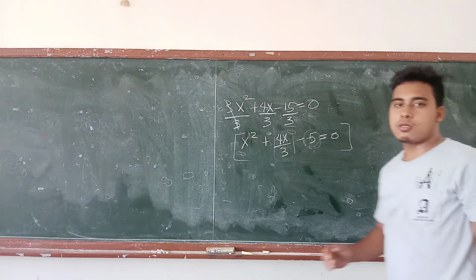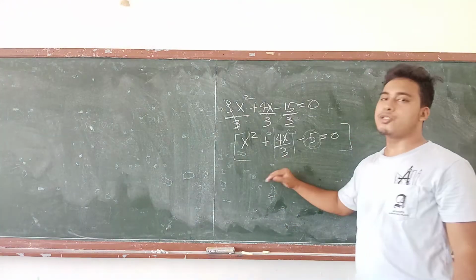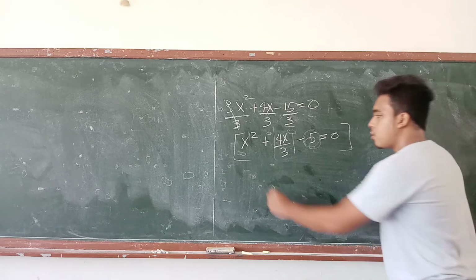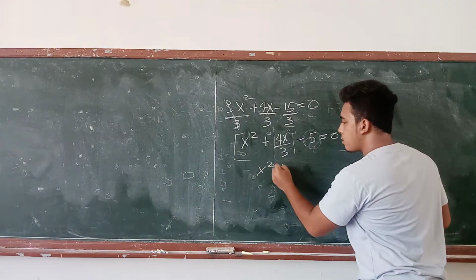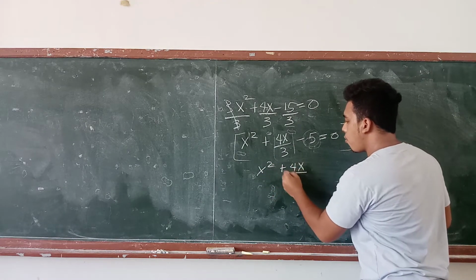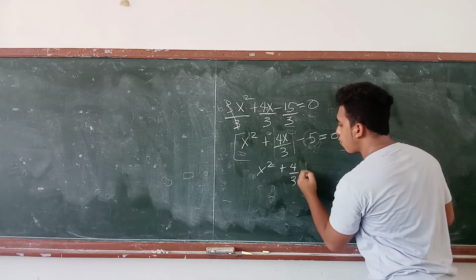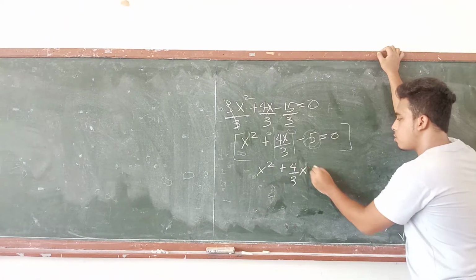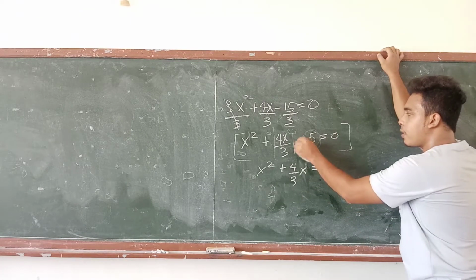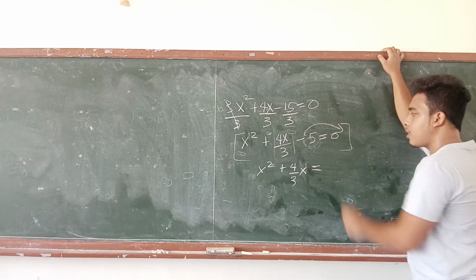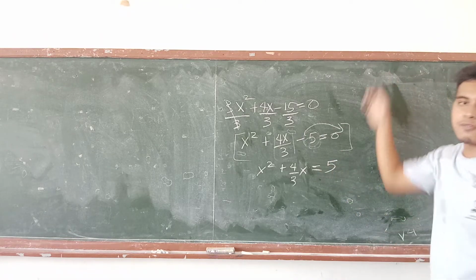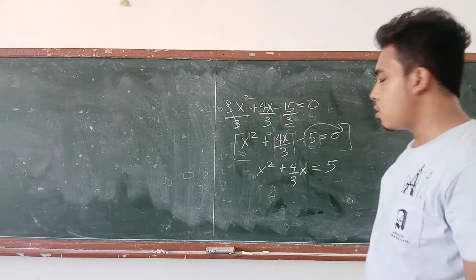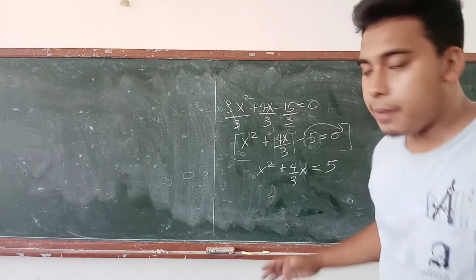Again, the first step is to change the general equation into standard form. So x squared plus 4 over 3 x equals, from negative 5 transfer to the right hand side, that would be positive 5. So x squared plus 4 over 3x is equal to 5.